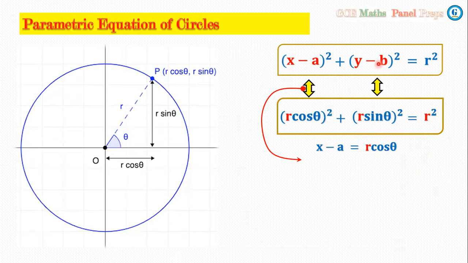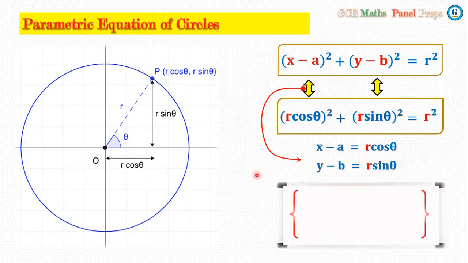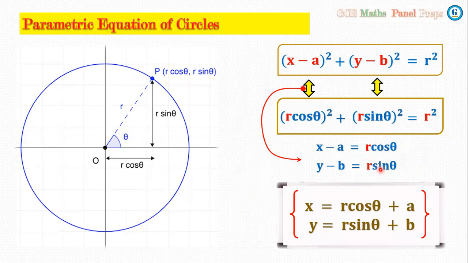Equally, y minus b is equal to r sine theta. So for the parametric equation of a circle, x equals r cos theta plus a, where a is the x value at the center of the circle, and y equals r sine theta plus b, where b is the y value at the center of that circle. So this is what we have for the parametric equation of a circle.